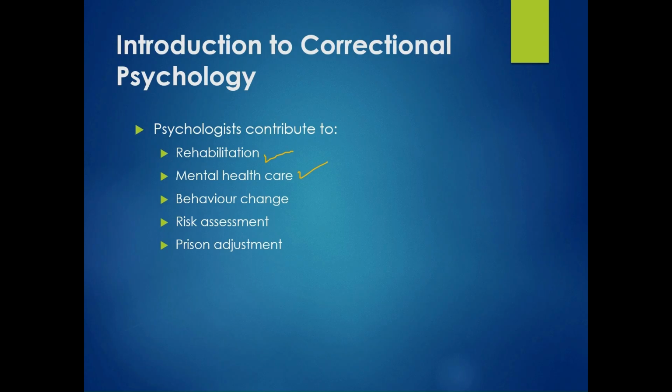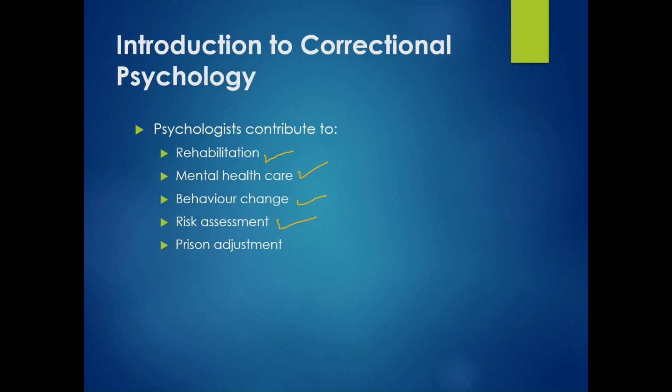Thirdly, they do behavior change programs like anger management or providing therapy for substance abuse, all of these. They also perform risk assessment like is this person likely to reoffend, is this person a harm to society once this person goes out, right? What kind of treatment is required for this kind of a person? All of this risk assessment, assessing the risks and how to mitigate those risks.